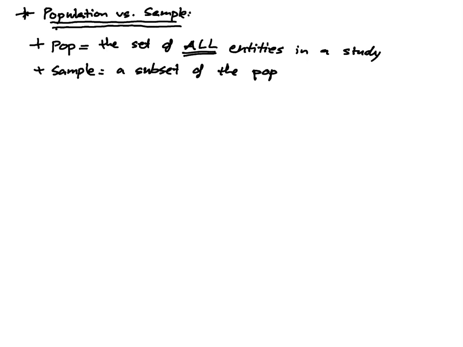I have given you an example of this in the first video, but let me go over that again. Suppose that I want to know the average height of everybody on Earth. Okay.